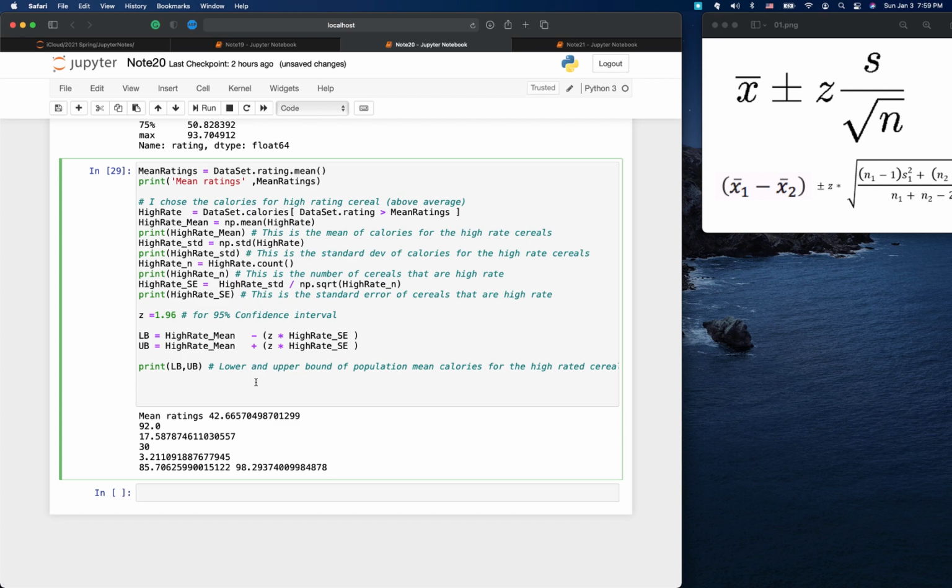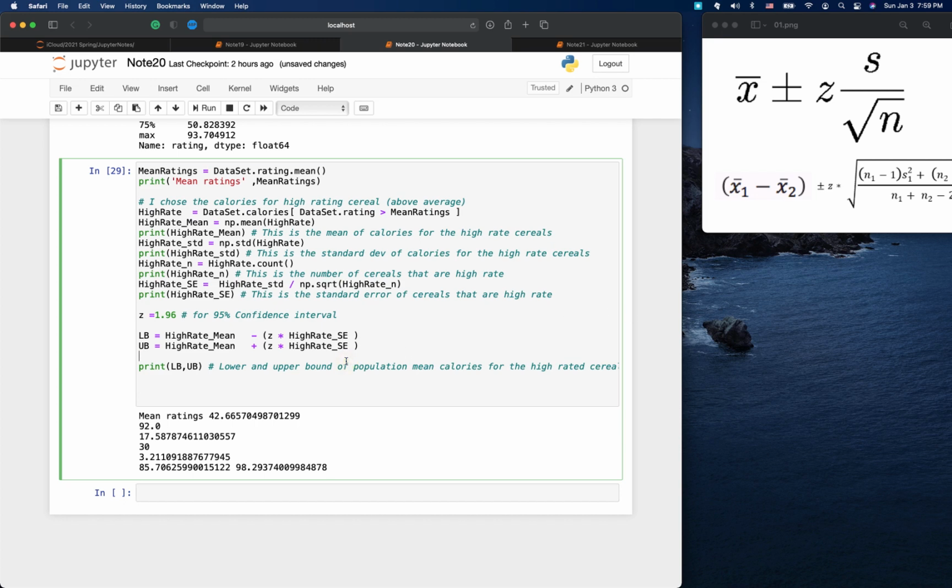Okay, so the high rated cereal with a 95% confidence interval has a mean calorie of 85.7 to 95.2. So we are 95% confident that the high rated cereal has a calorie between this one and this one, right?